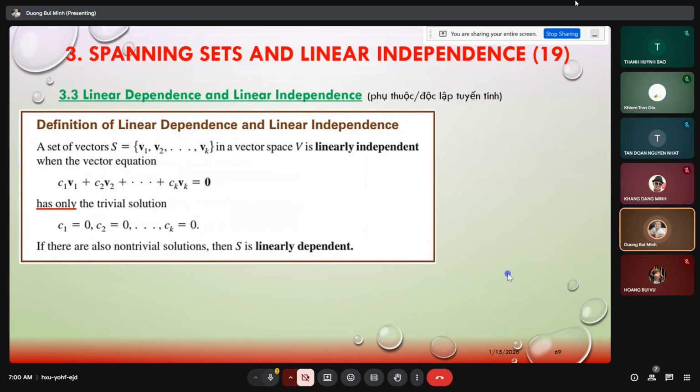Of course, we studied before the difference between linear independence and linear dependence, right? If we have only the trivial solution, we say we have linear independence. If we have one or more nontrivial solutions, we say it is linear dependence.